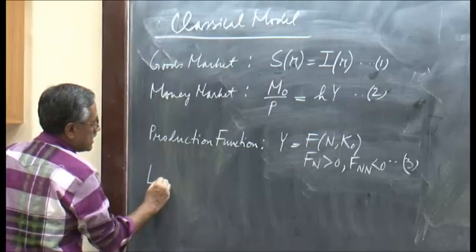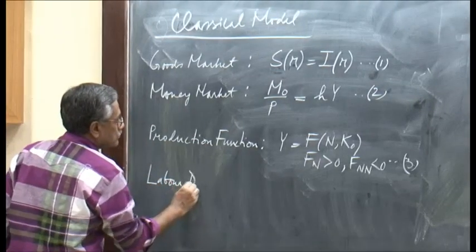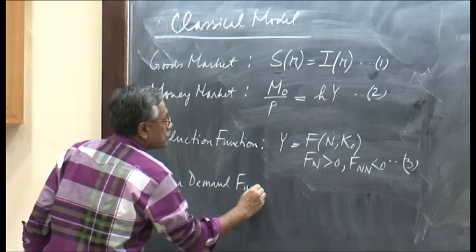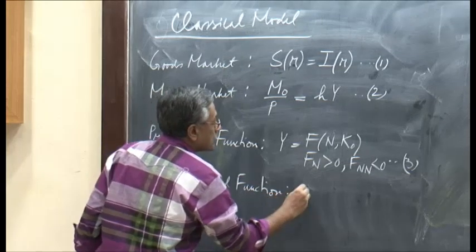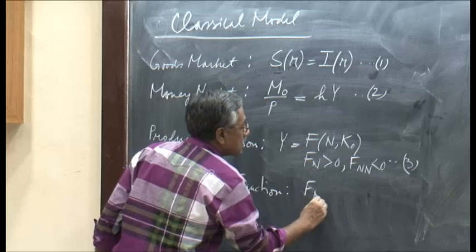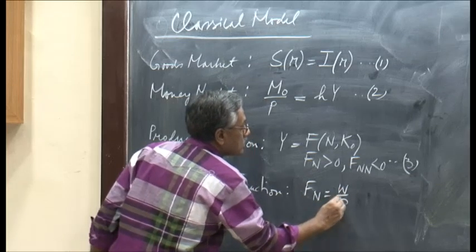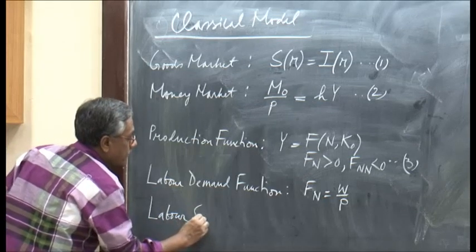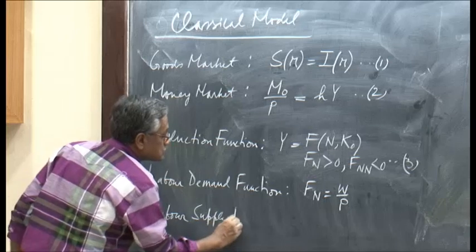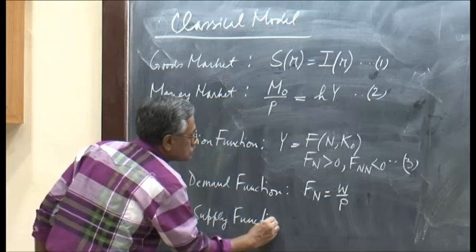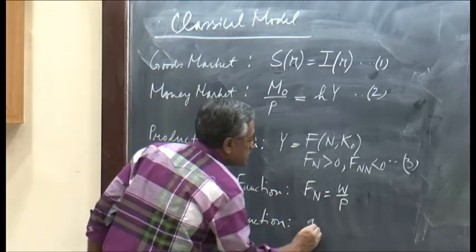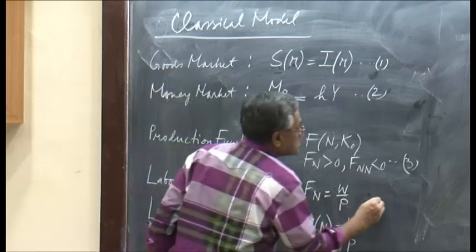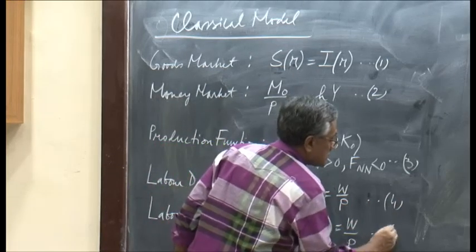Then I have the labor demand function, which is Fn equal to W over P. Then I have the labor supply function, which is Gn equal to W over P. This is number 4, this is number 5.